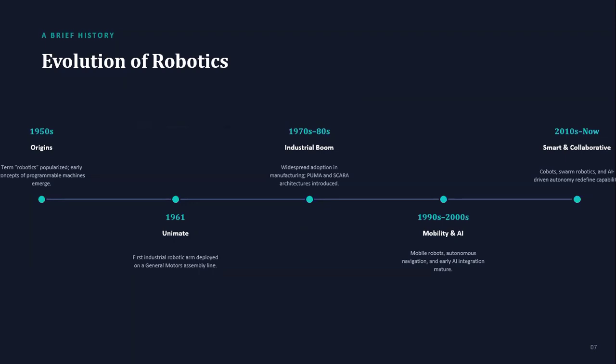During the 1970s and 1980s, industrial robots became common in manufacturing industries. The 1990s introduced mobile robots and artificial intelligence. Today, we are witnessing collaborative robots, autonomous vehicles, humanoid robots, and AI-powered intelligent robotic systems that are reshaping modern industries.